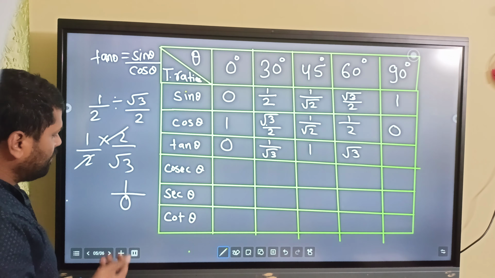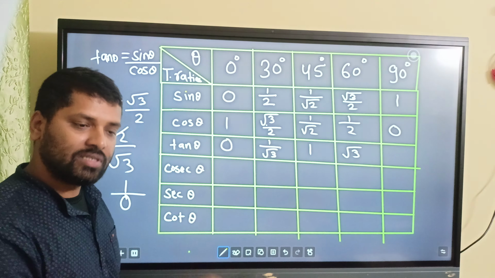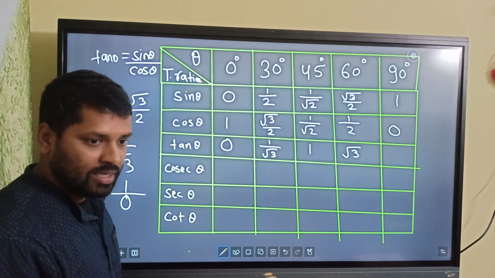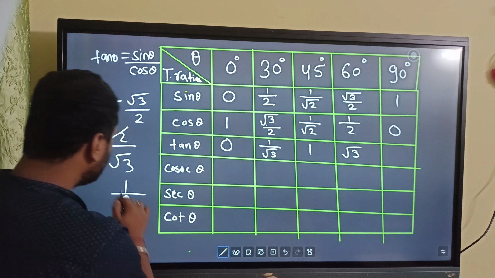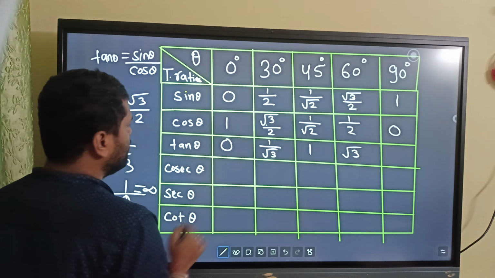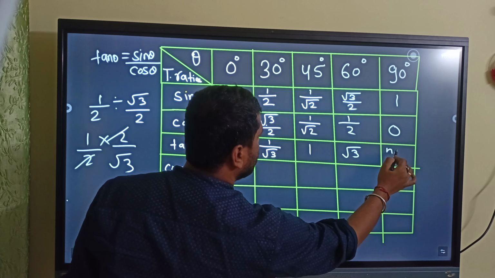You can distribute to any number of people, 0, 0, 0, and you'll still have 1, because you are distributing 0. So 1 by 0 is infinity, not defined.